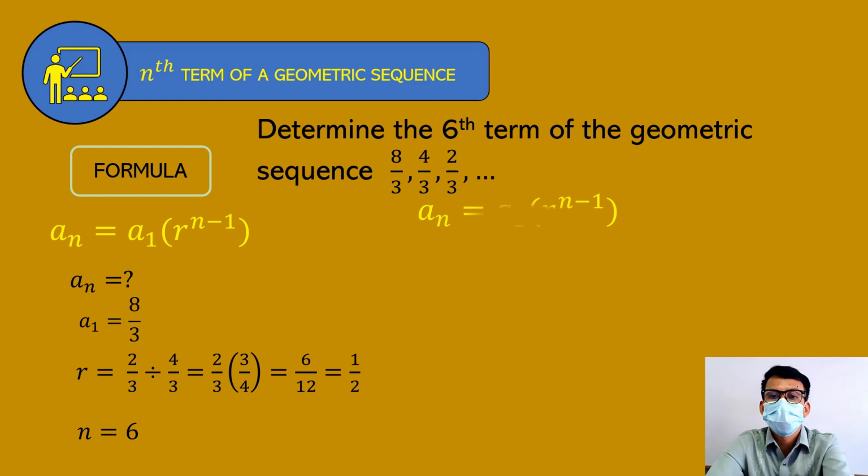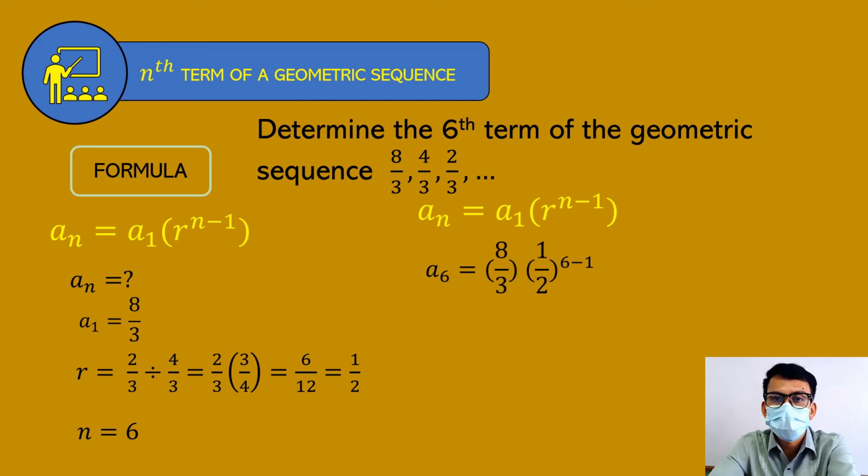Okay, let's try to solve. So using the formula, let's substitute a sub n is equal to 6, that is a sub 6, equals your first term, 8/3, times r, which is 1/2, to the power 6 minus 1.